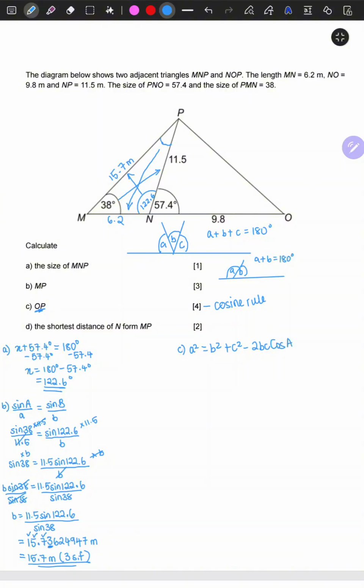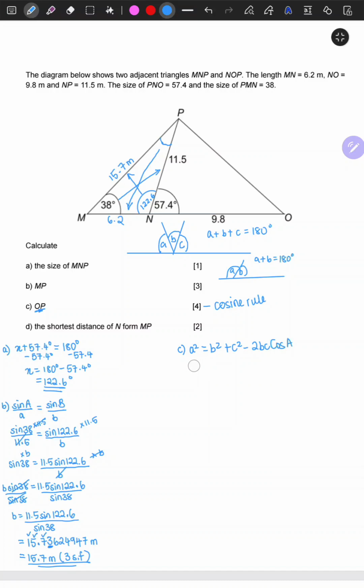So what is going to be a in this case? I'll put a as the length of the side we're trying to calculate, which is this one here. It's going to be OP, but I'll just leave it as a for convenience.